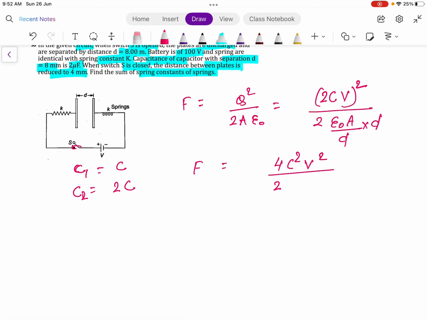Here epsilon naught A by D is C, into D, so C gets cancelled. So the force is now 2CV square by D.